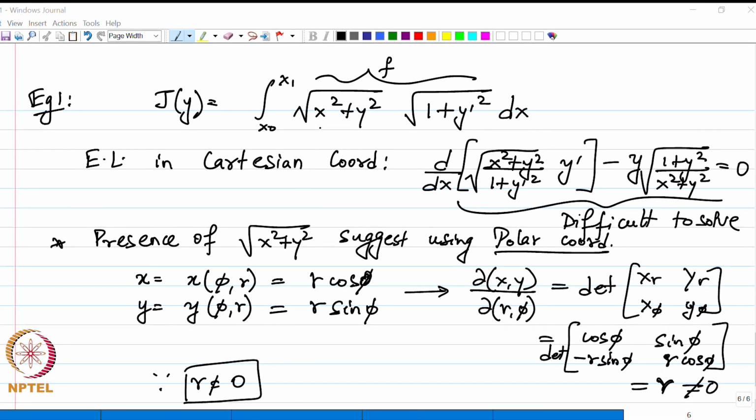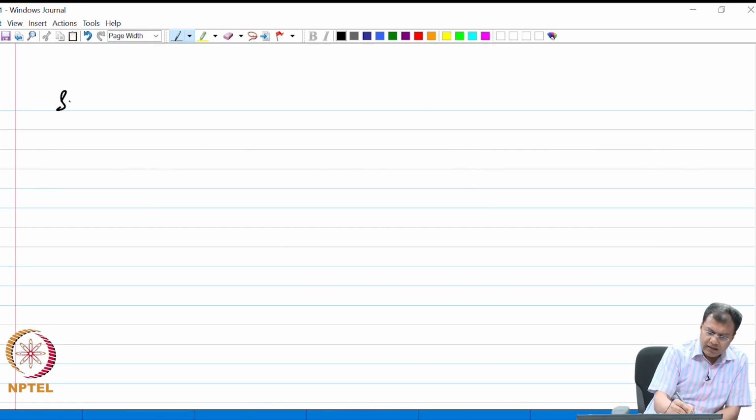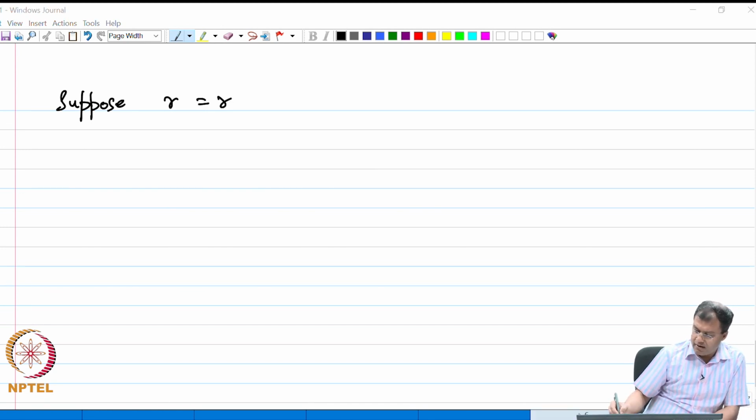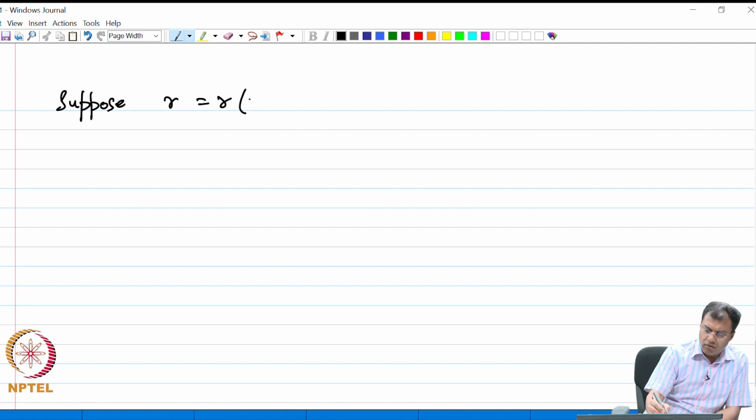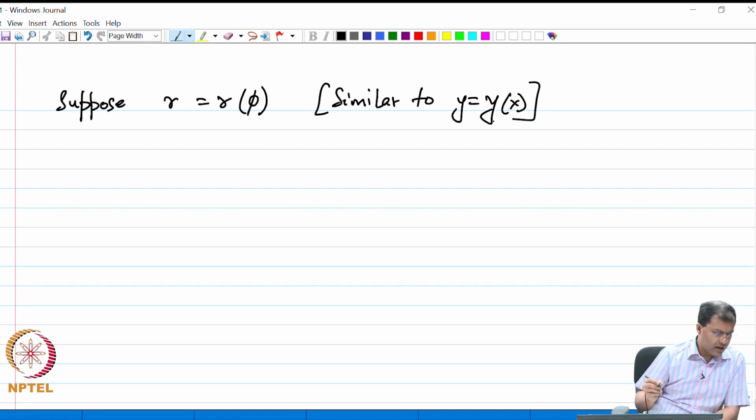Okay. So, then let us further assume, like we assume in the Cartesian frame, further suppose that r is a function of, I need to make a slight adjustment here. R is my second variable. So, what I will do is I will make r dependent on phi, right, similar to y dependent on x that we had in the Cartesian frame.